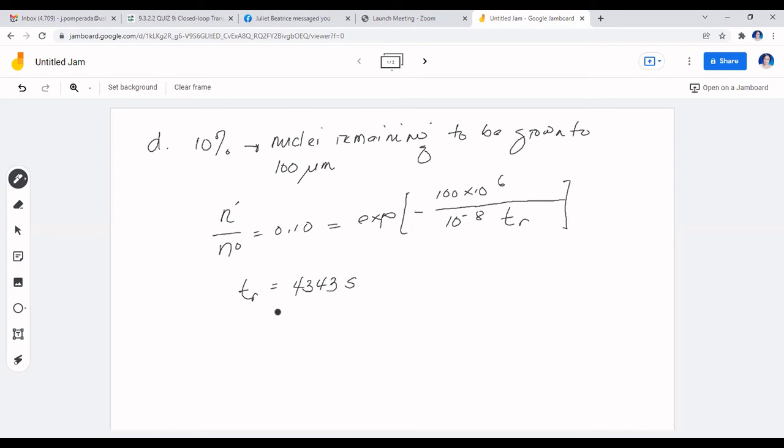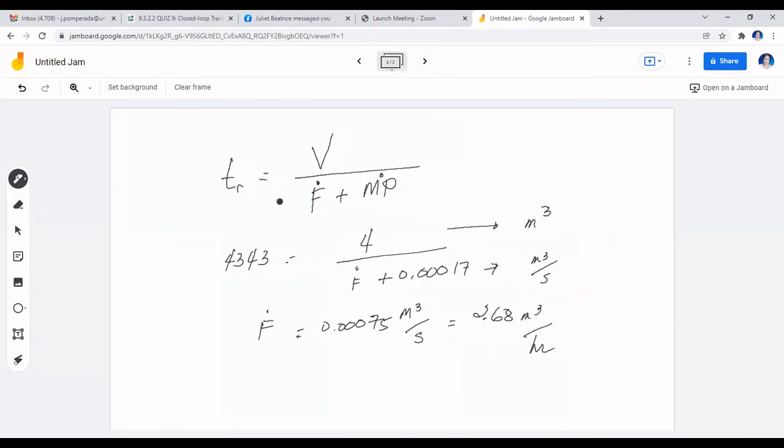4,343 seconds. So this is the residence time, or this is the drawdown time of this remaining 10% inside the MSMPR. Now, if this is the drawdown time or the residence time, then that could be equated to the volume of the crystallizer, the MSMPR, and the sum of the liquor flow rate and the mixed product removal rate.